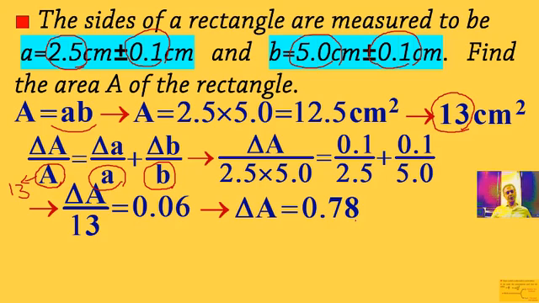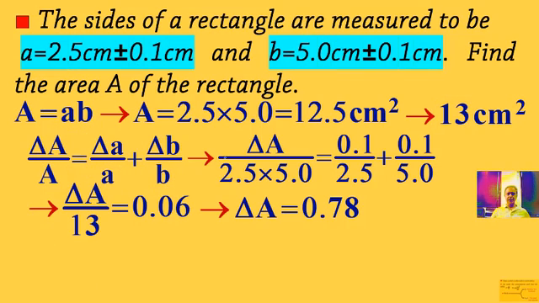0.78. Okay. This is the uncertainty, but it's not in agreement with the orders of the figures in the answer. The value is 13. The last right figure is 3, and in the order of ones. But here, the last figure is in the order of hundredths.